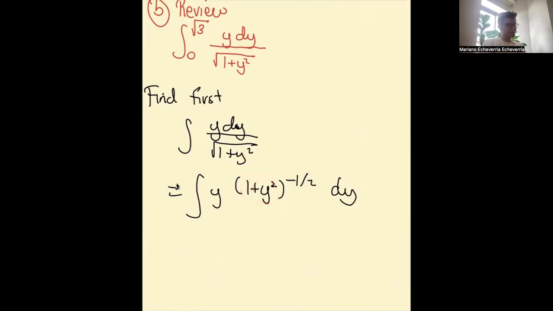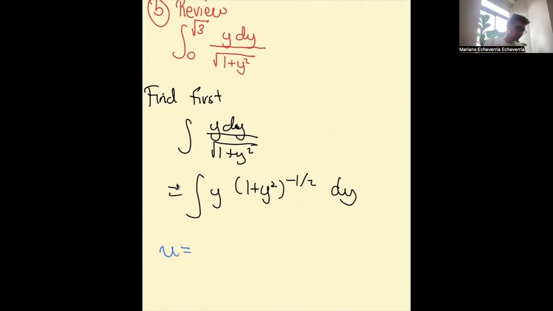The idea is to realize that the derivative of this expression is more or less what you see outside of it, because the derivative of this is 2y, and here there's a y. That's what suggests doing the substitution. So let's try to think about this one.